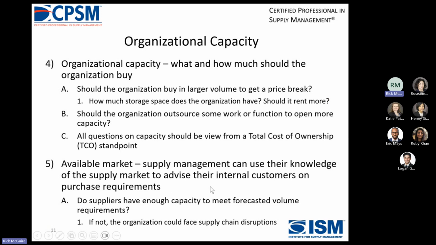Unfortunately, some of them, their operational side, where they actually make the parts and ship them to us, are terrible. They have quality problems and they can't ship on time. So engineering wants to use them because they're easy to use, but purchasing's like, you can't use these guys because they're terrible with operations. You could face supply chain disruptions with some of these guys, so you have to be careful.